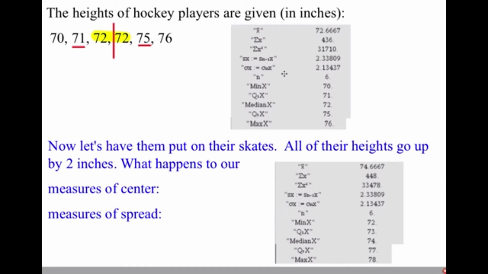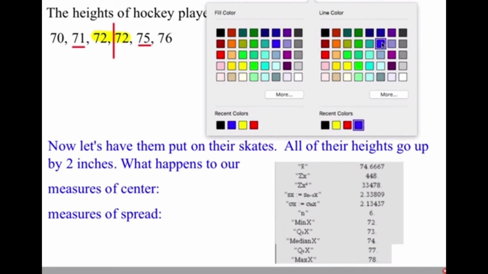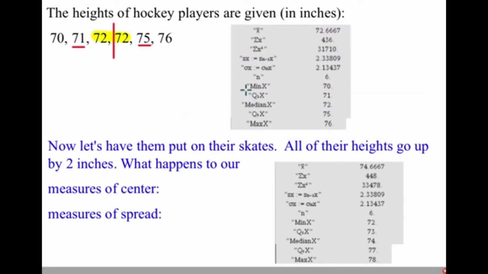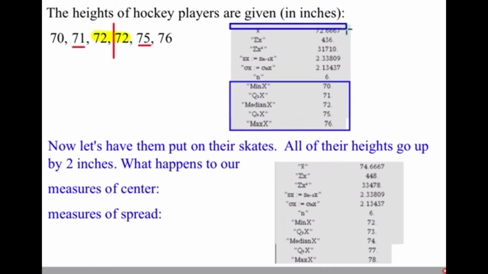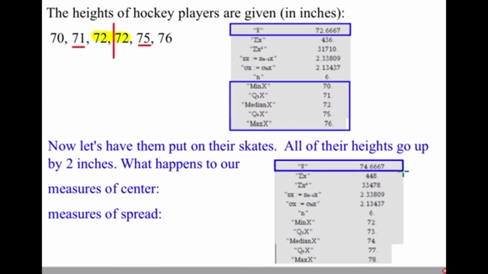Okay, so I just want you to look at what happens to our measures of center and what happens to our measures of spread. All right, these are your measures of center. Look at what happens to those measures of center as we add 2 to every piece of our data.